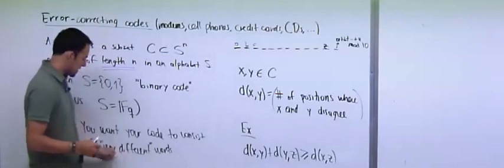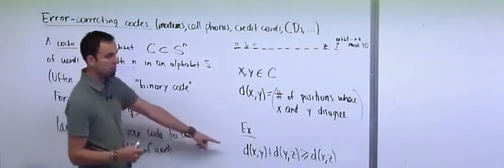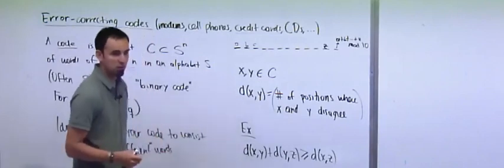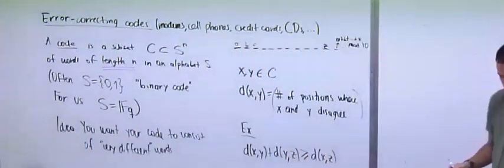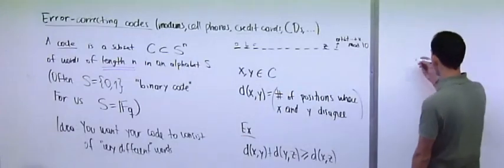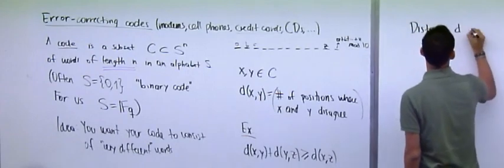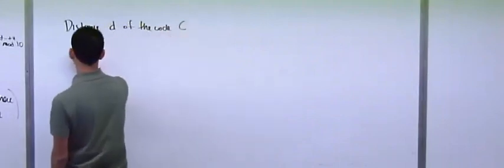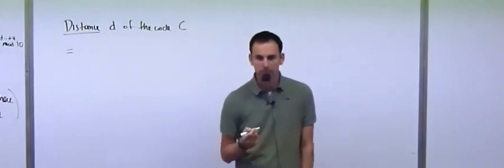And so when we say that we want words to be very different, what we mean is that we want them to be far apart from each other according to this distance function. Okay? And so the number that we care about here is the distance of the code. It is just the smallest distance between two words.